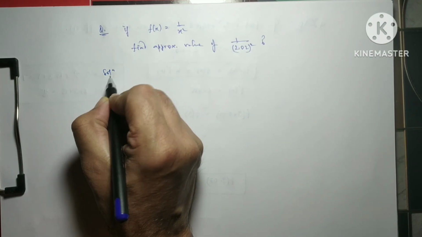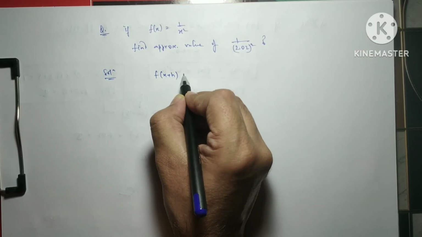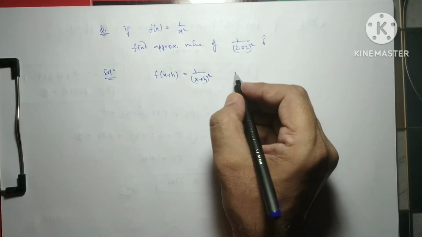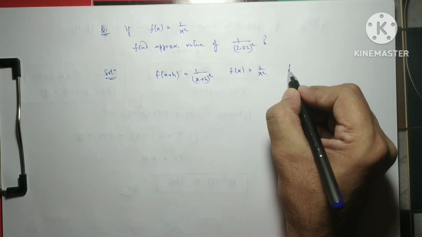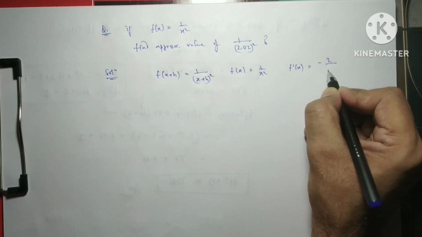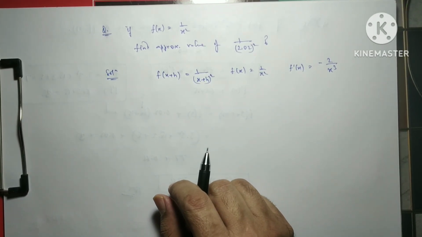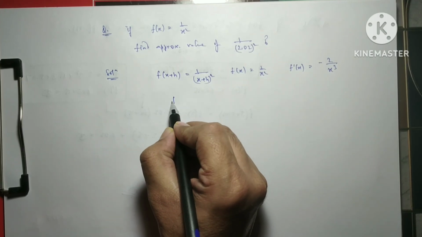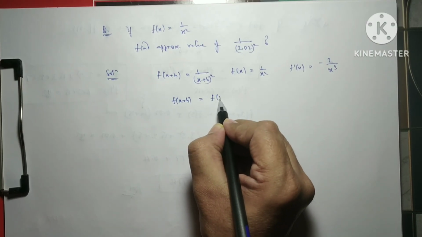The solution is: f(x + h) will be 1 over (x + h) whole square, the function f(x) is 1 over x square, and f'(x) is minus 2 over x cube on differentiation. So put these values in this expression.